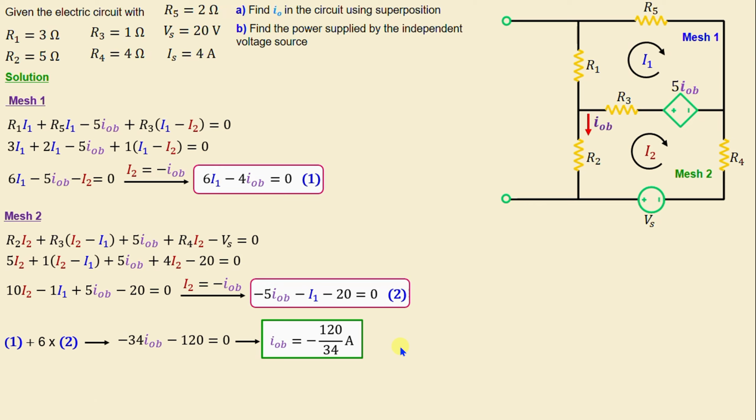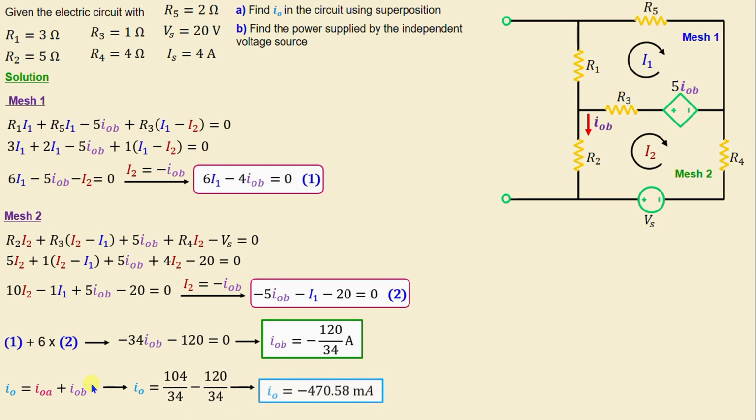This process enables us to determine the current IO, which is given by IOA plus IOB. If we replace IOA and IOB with their numerical values, we obtain IO is equal to negative 470.58 milliamps.